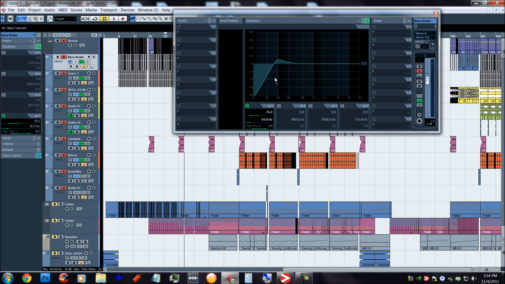Roughly 75 to 200 is going to be your bass drum. Your snares normally hit around 120 to 125. That's where they should be peaking.